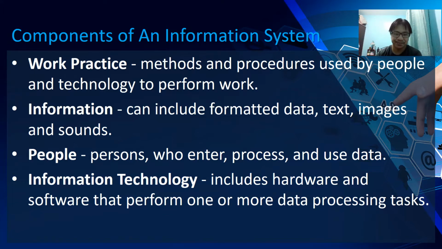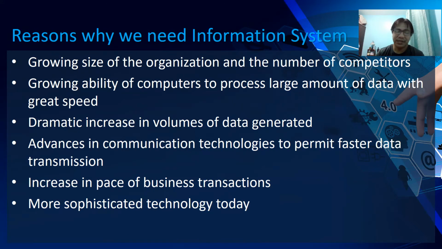So what is the reason why we need an information system? Especially nowadays, information is very important. Although information is not to be given to anyone else because of the Data Privacy Act, we need a very large amount of information, especially right now in the pandemic, in the field of contact tracing, especially for those who are positive and infected.